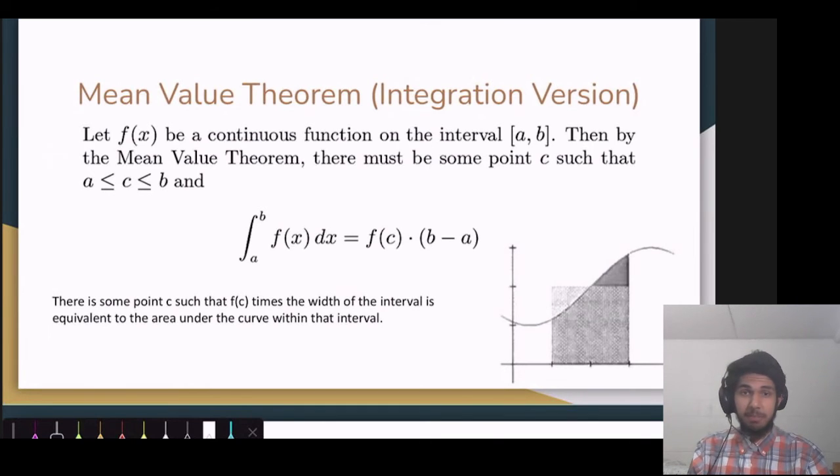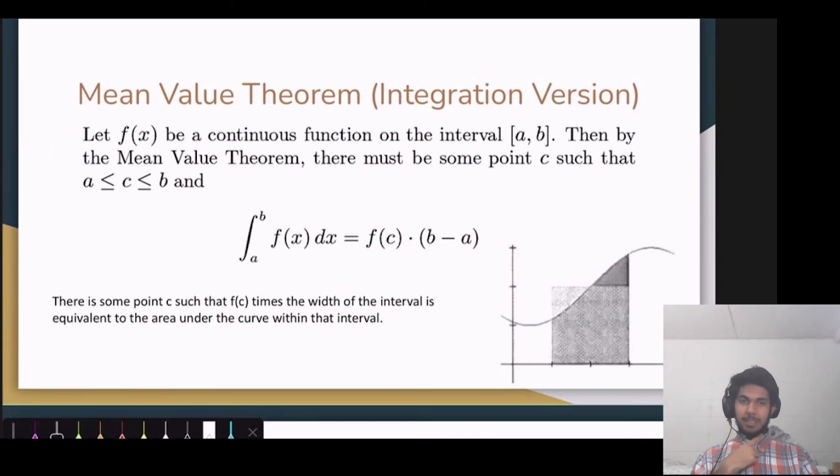Then by this theorem, there has to be some point c within the interval a to b, such that the integral from a to b of the function, so the area under the curve, is equal to the function evaluated at c times the difference of the limits of the interval. So that's saying there's some point c in the interval such that f of c times the width of the interval is equivalent to the area under the curve within that interval.